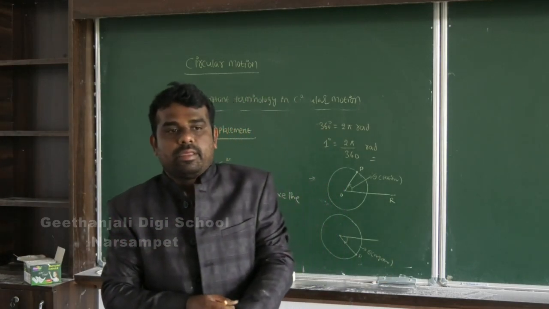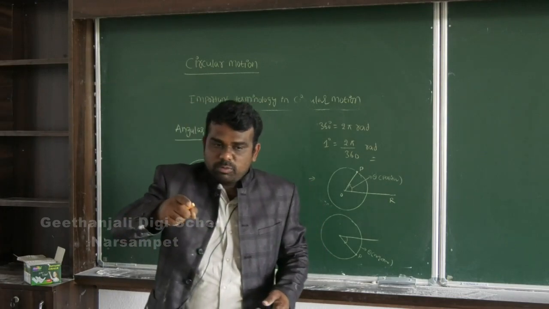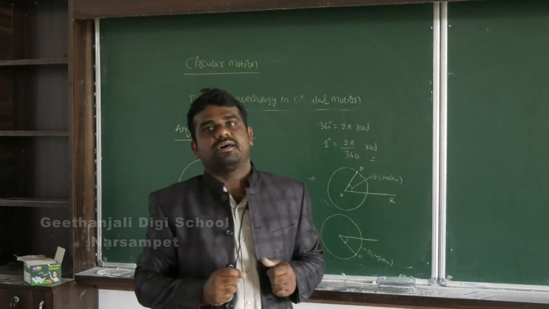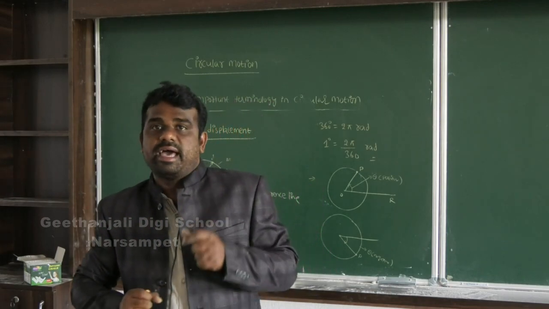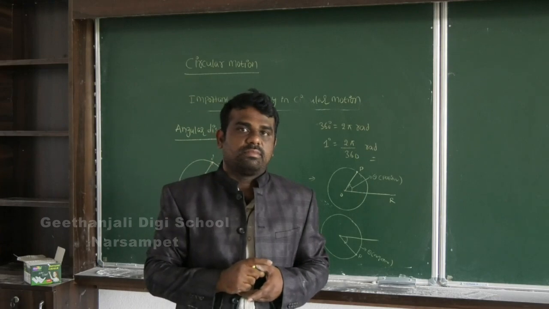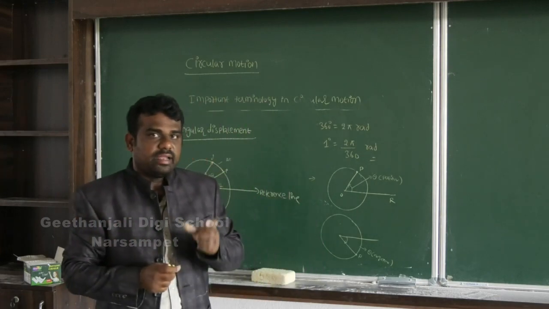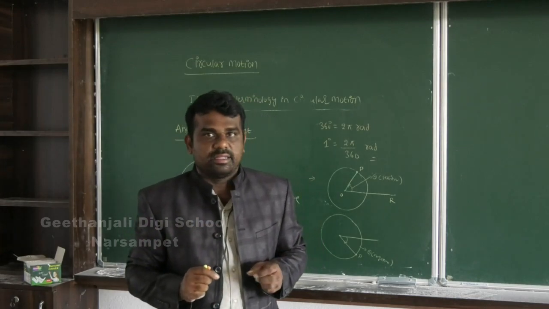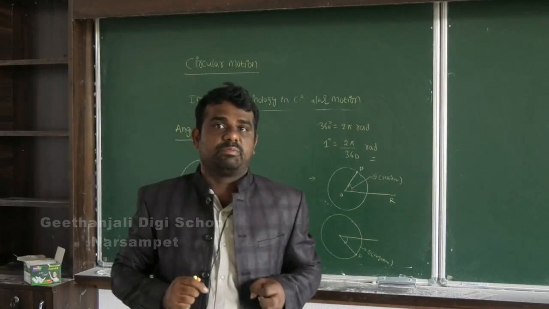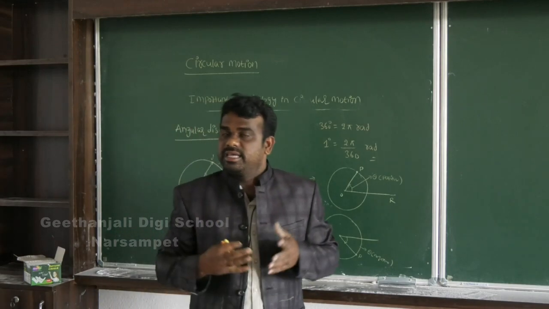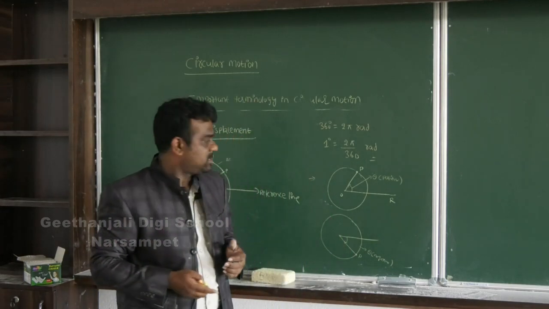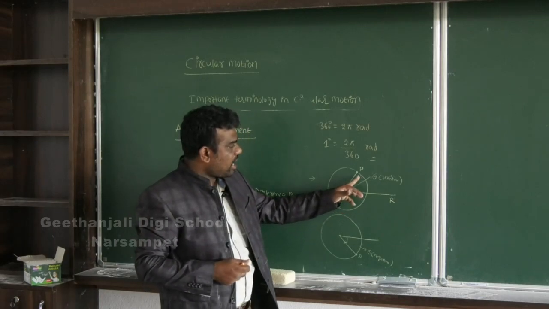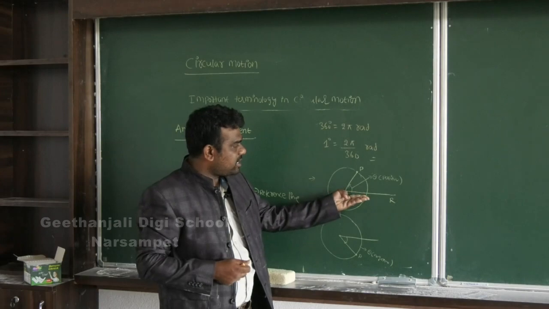Now, when a particle moves in a circular path, the finite angular displacements are considered as scalars. The finite angular displacements means what? 10 degree, 20 degree, 30 degree. These are the finite angular displacements, and they are considered as scalars. If the angle is measured in the anti-clockwise direction from the reference line, that is positive.